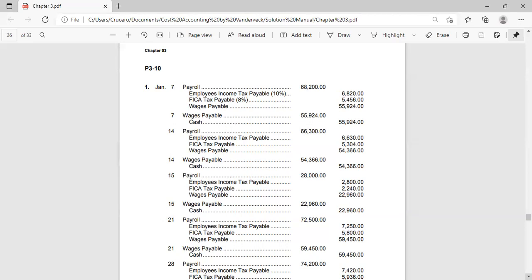And also on January 15, there was payment of the salaries.